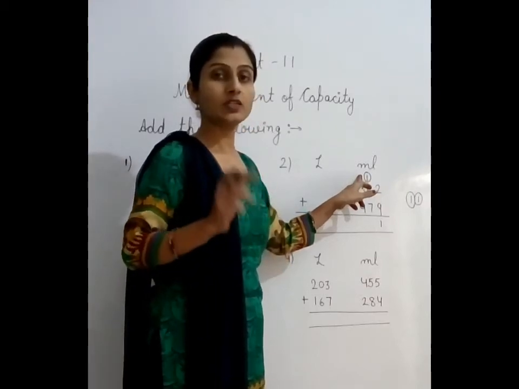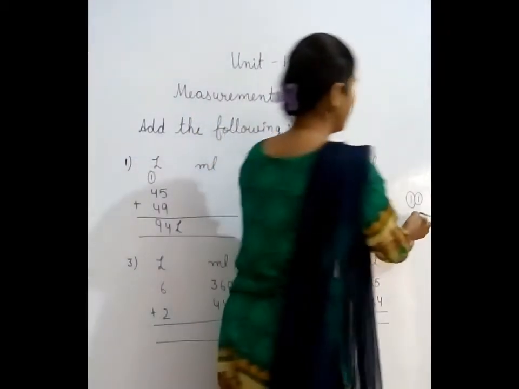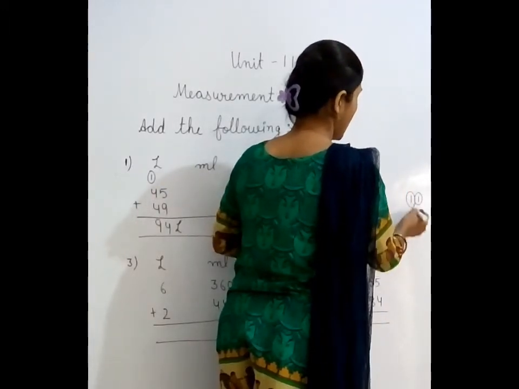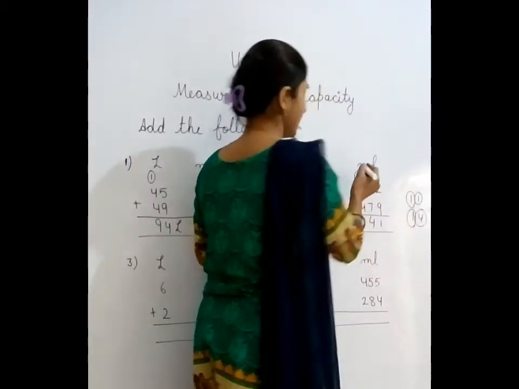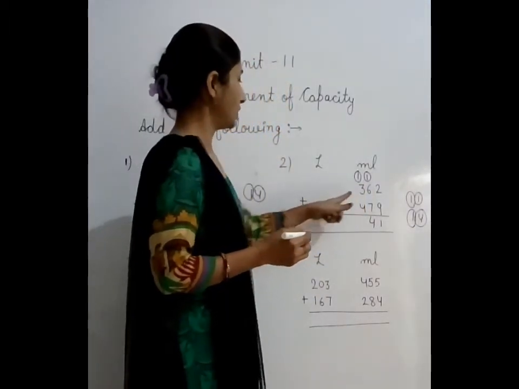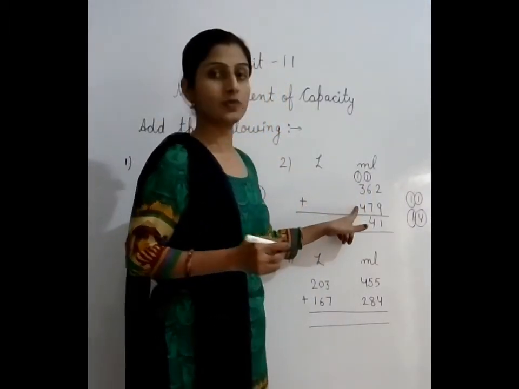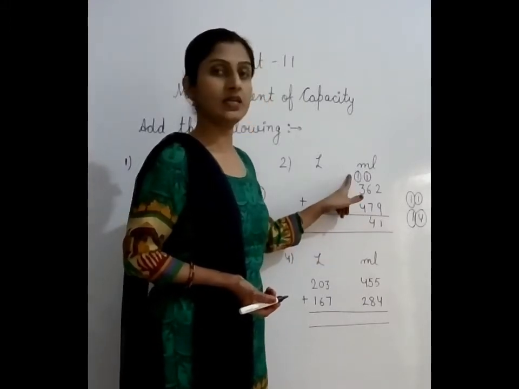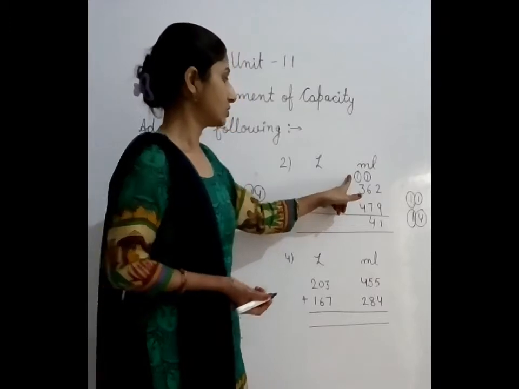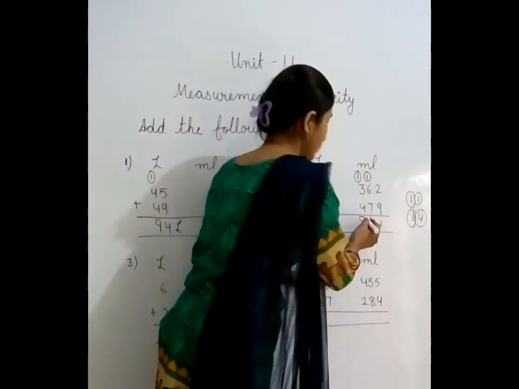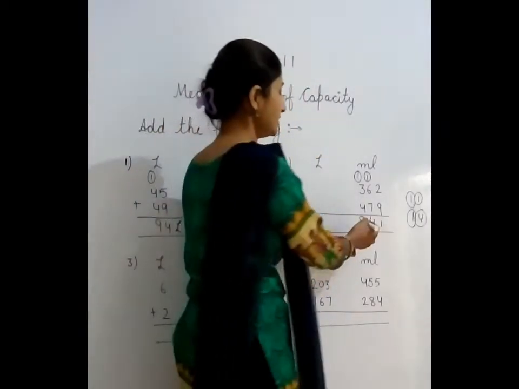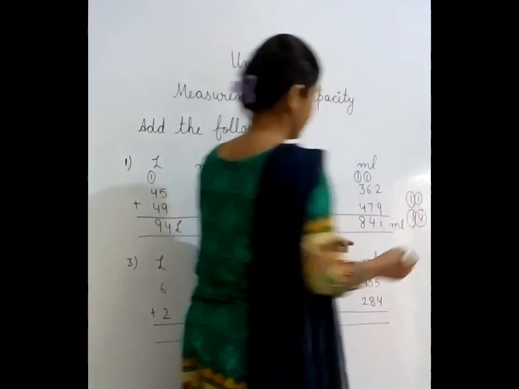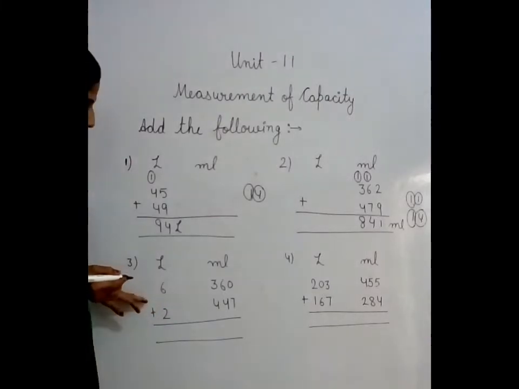So 13 plus 1 is 14. This 4 is here and 1 is carry over here. Now 3 plus 4. 3 plus 4 is 7 and 7 plus 1 is 8. So we write here 8. So what is our answer? Our answer is 841 milliliter.